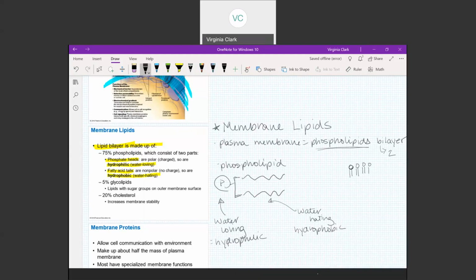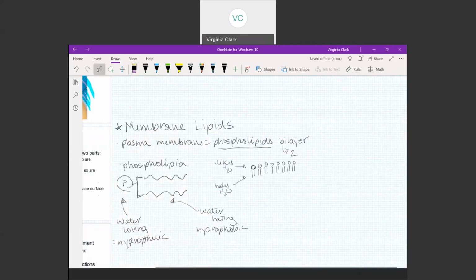When you put them together in a layer like this, one layer, this part likes water, this part hates water. But remember, this whole thing is to separate the inside from the outside environment.